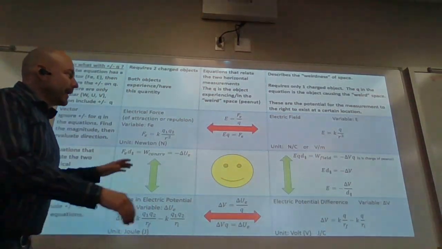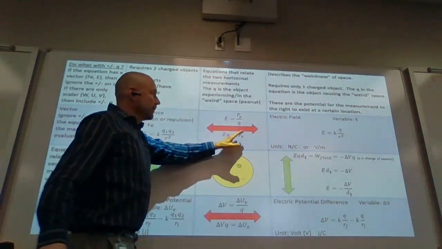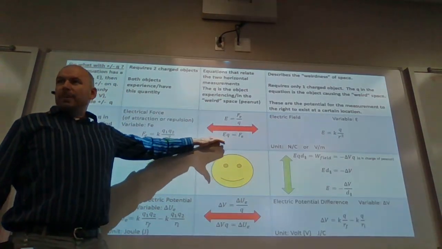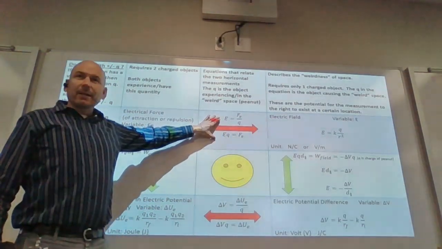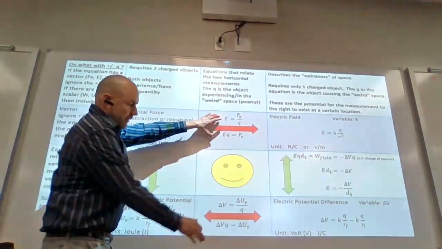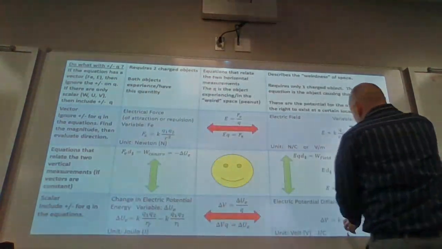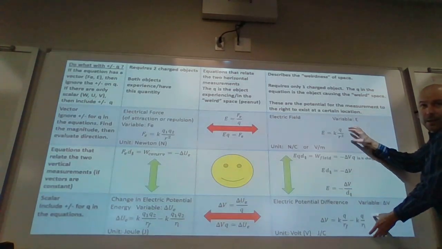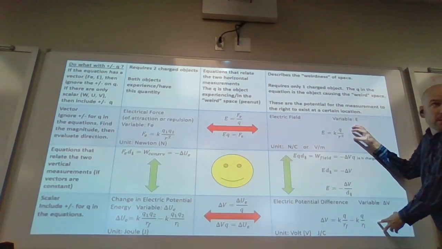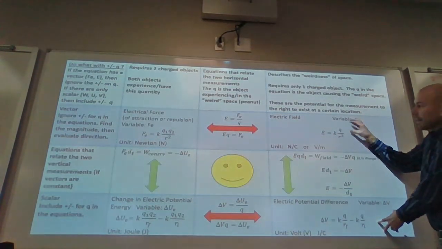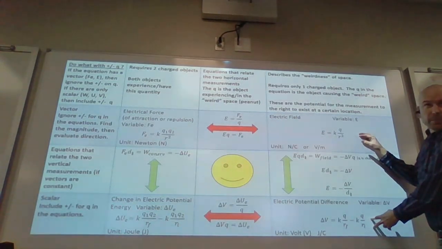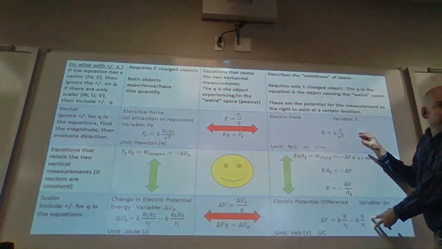Okay, to dance between these two, this is from the perspective of the packaging peanut as the test charge. This is from the perspective of the thing that's creating the Van de Graaff, creating the electric field, creating the electric potential difference.